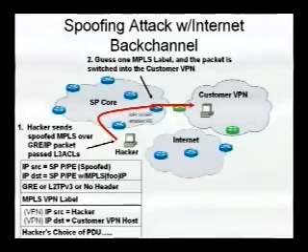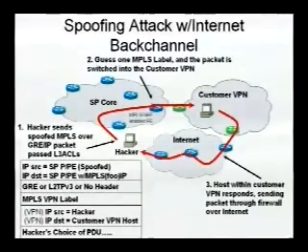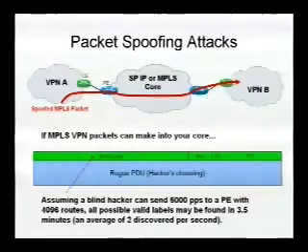If that one packet hits a host that requires a response, the response is going to go out over the internet, because the source was the hacker's public IP address. So now I've got full two-way communication, and I can just start picking away at the customer VPN all day long. So how hard is it to choose that MPLS label?